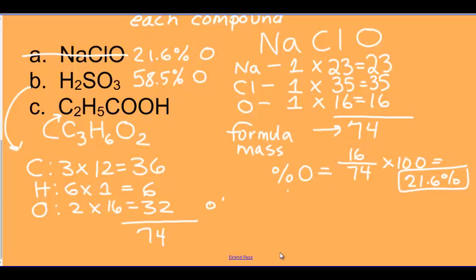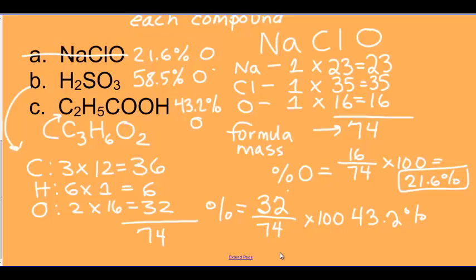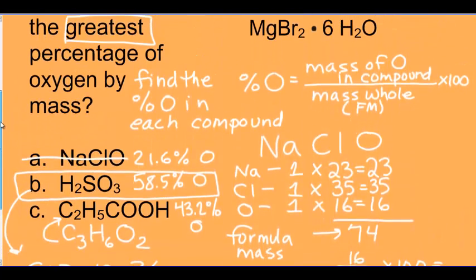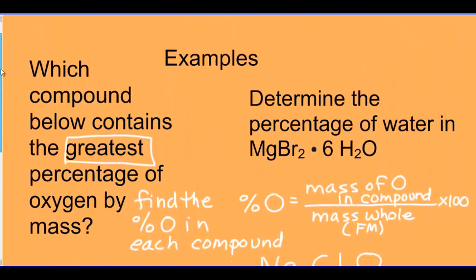So my percent oxygen in this last compound is 32 divided by 74 times 100, and that gives us 43.2%. So the one with the greatest percent mass is this one. Notice, even though it worked out this time to be the one with the most oxygens, it won't always be that way. That's important to know.